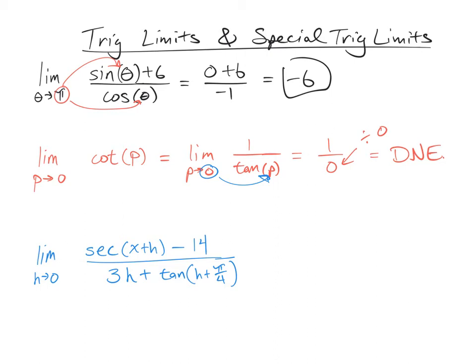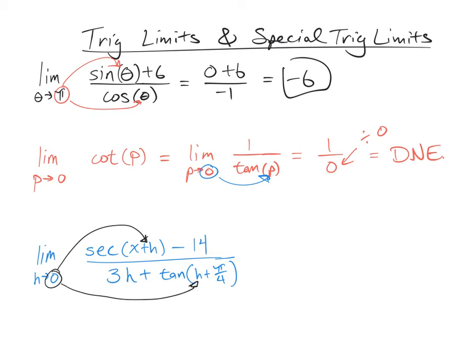And then lastly, the secant, oh my goodness, this limit as h approaches 0 of secant of x plus h minus 14 over 3h plus tangent of h plus pi over 4. Wow. All right. So, again, I said it was something that we could just substitute this value in for h.